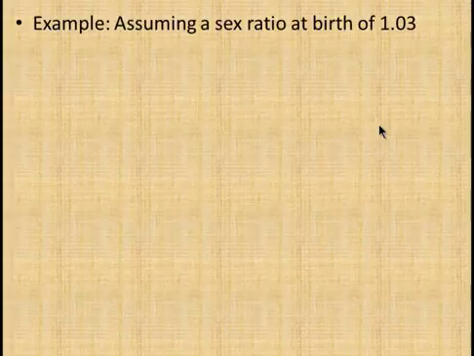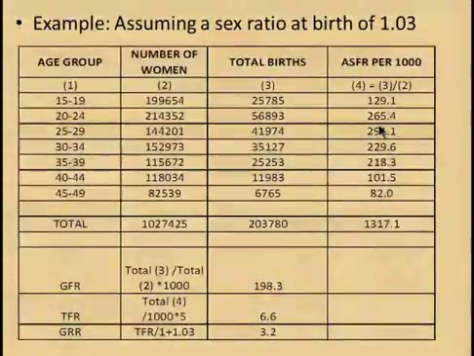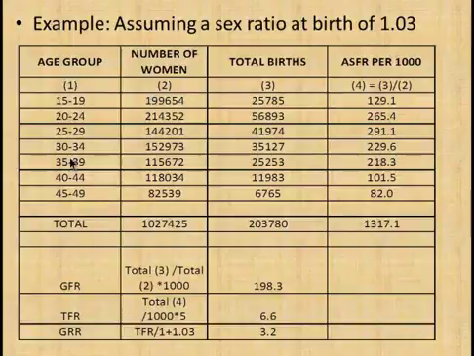So normally, you'll be given a table. Information in column 1 will be given to you. These are age groups from 15 to 19 to 45 to 49. This information you'll be given.